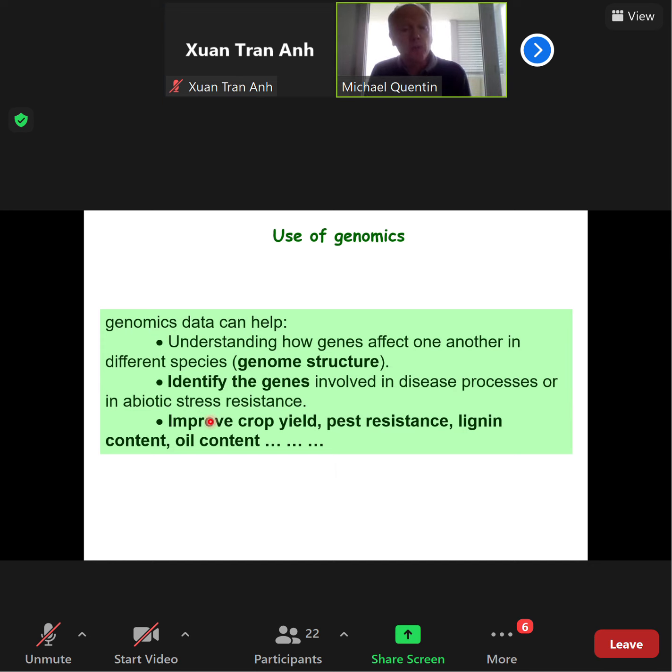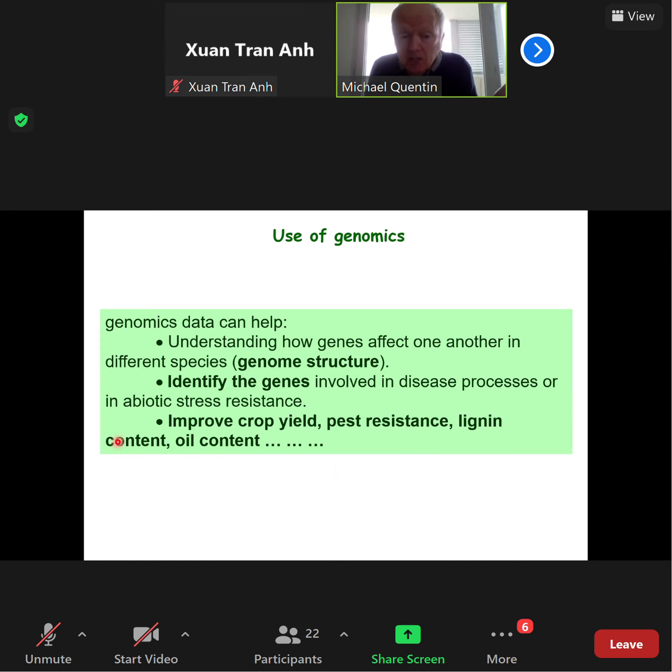Similarly, it's very important to understand the function of genes that may be involved in cell wall biosynthesis, plant oil biosynthesis, and so on, because it can help us improve crops.